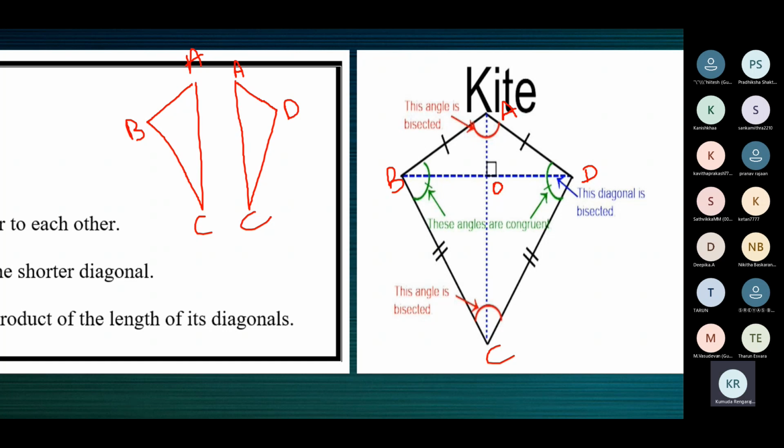In all convex quadrilaterals, diagonals intersect. Then diagonals can intersect at right angles. Diagonals can also bisect each other. Diagonals can be at right angles to each other. Diagonals can bisect and be at right angles to each other.